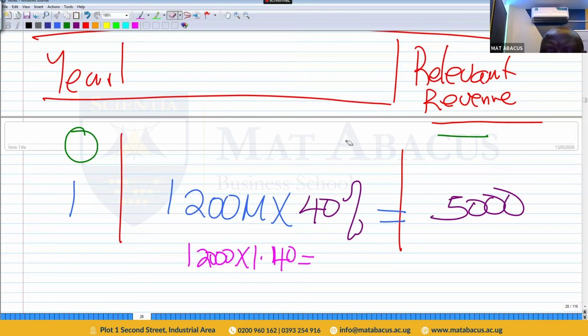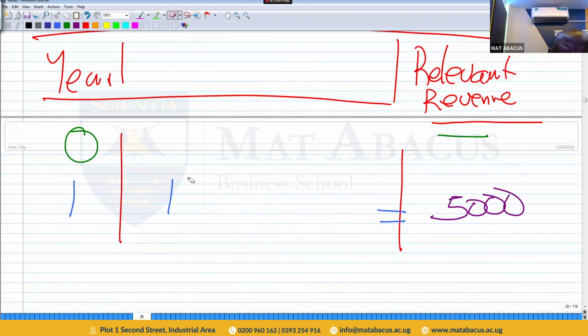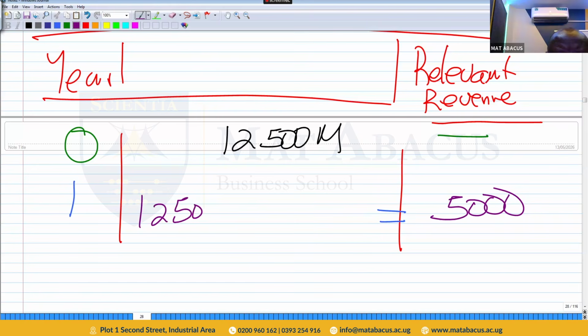This should be 12,500 million. And therefore, when you come here, you'll have 12,500 times 40%. That's when you get that.